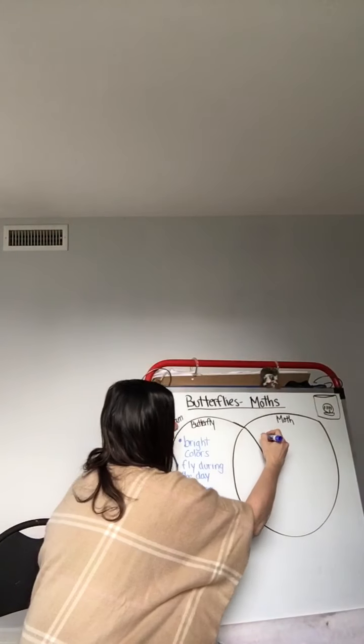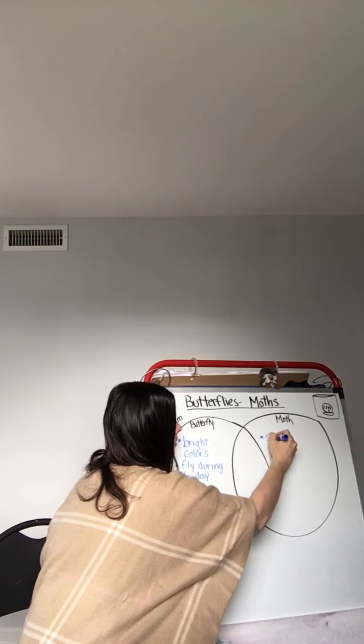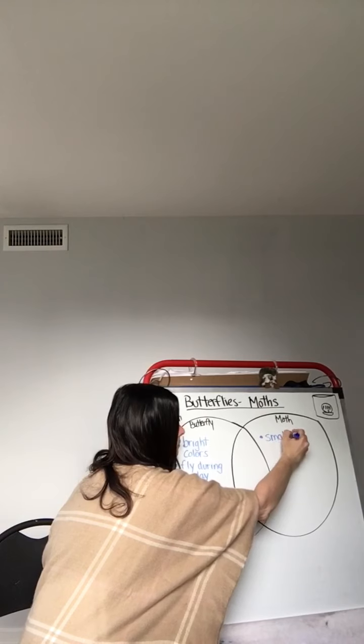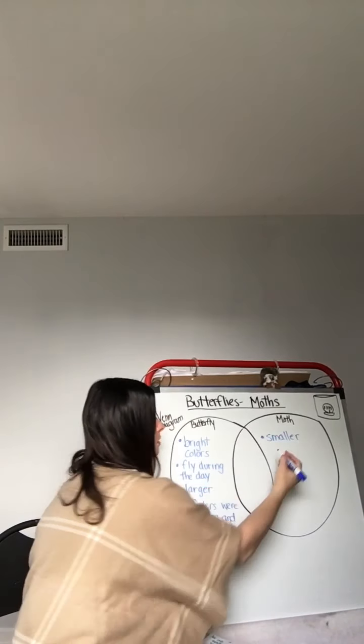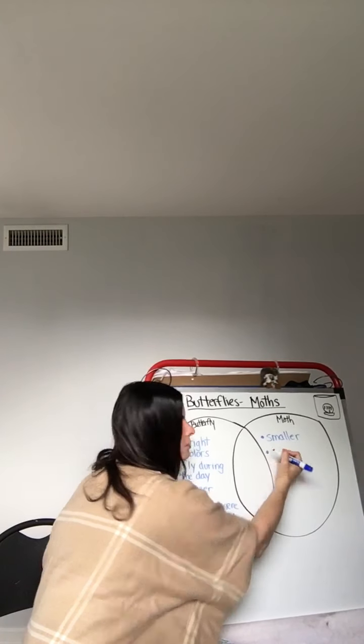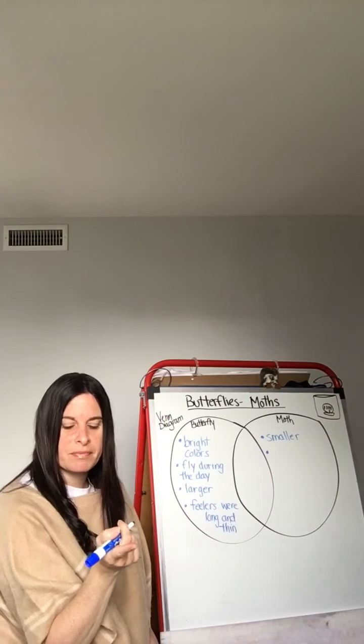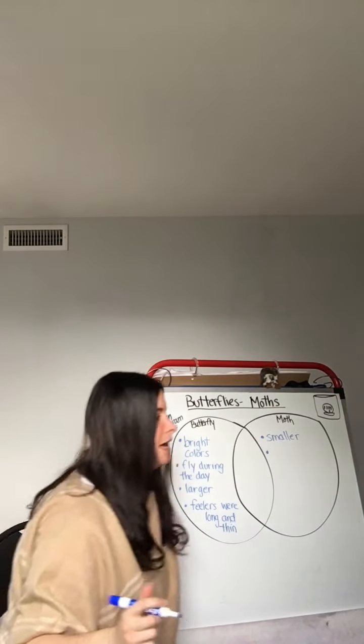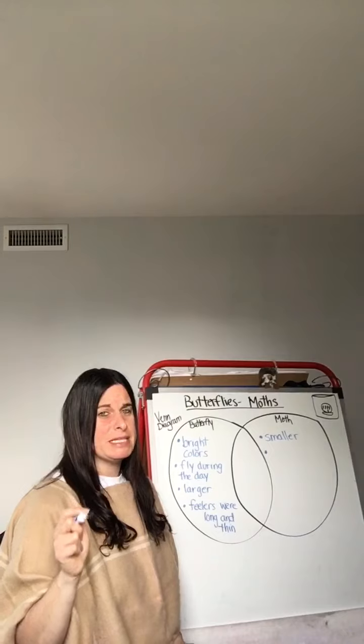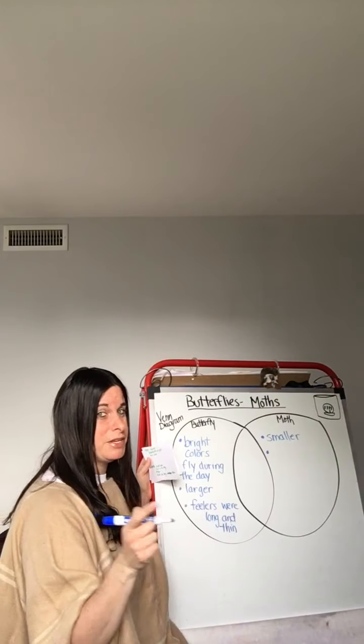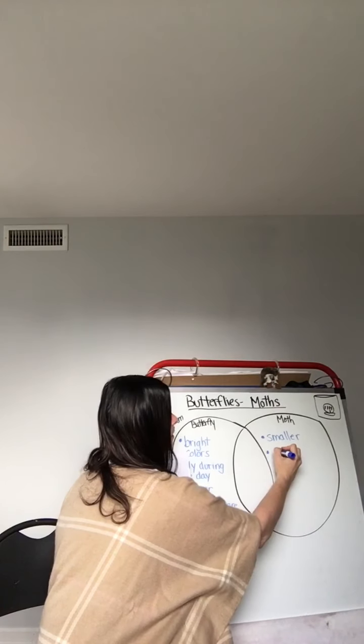All right, let's do the moth, okay? So the moth, they said, was smaller. You remember they said some had ears? Remember they said that the butterfly usually doesn't have ears, but they said the moth sometimes has those sensitive ears. Okay.